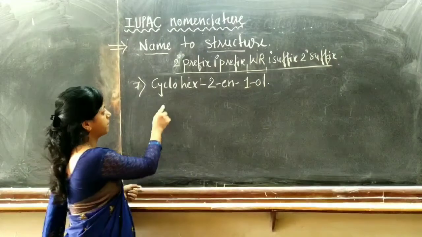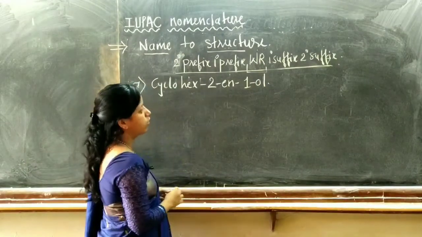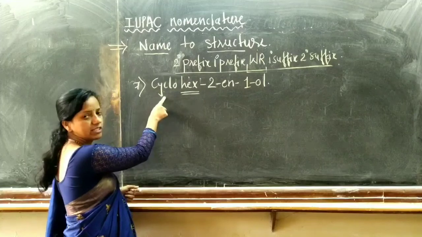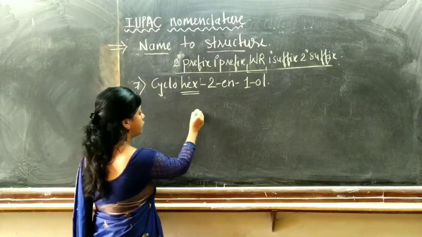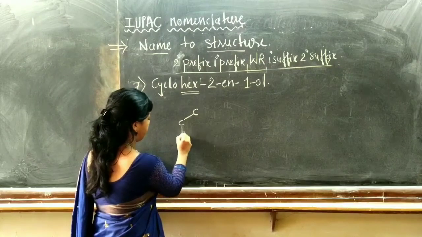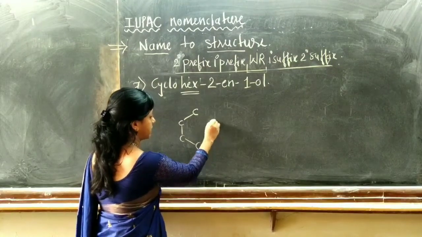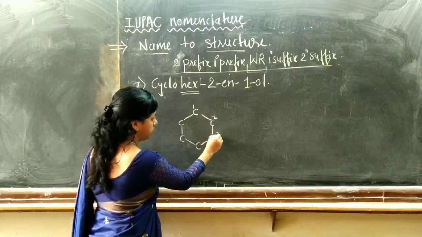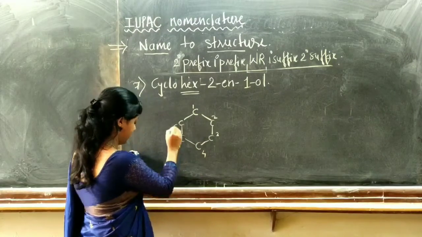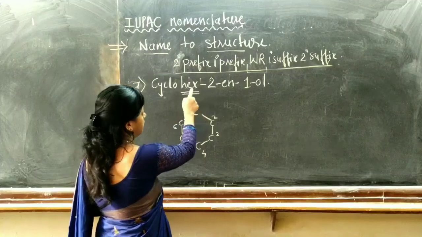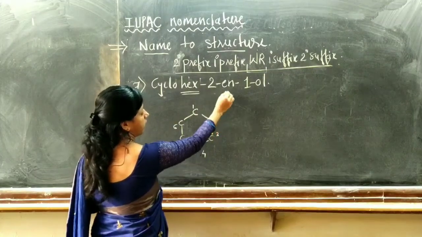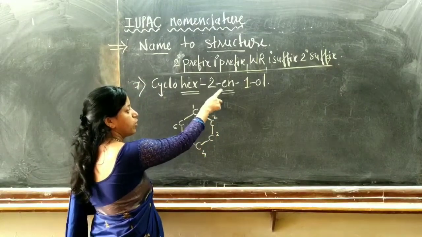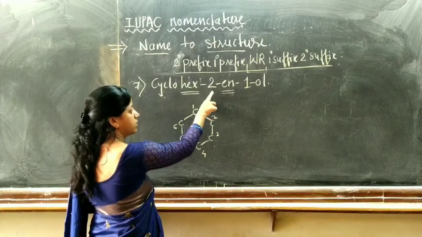Next, 7th example is cyclohex-2-enol. Here hex is the root word and it has the primary prefix cyclo. So we have to write 6 carbons in a cyclic, that is closed, system. Then we have to number them 1, 2, 3, 4, 5 and 6. 2-ene means the double bond is present between 2 and 3. The lowest number is given here, so the double bond is present between the second and third carbon.